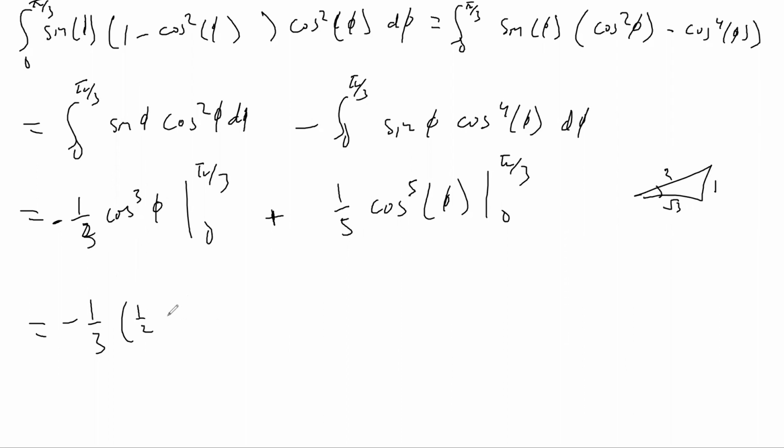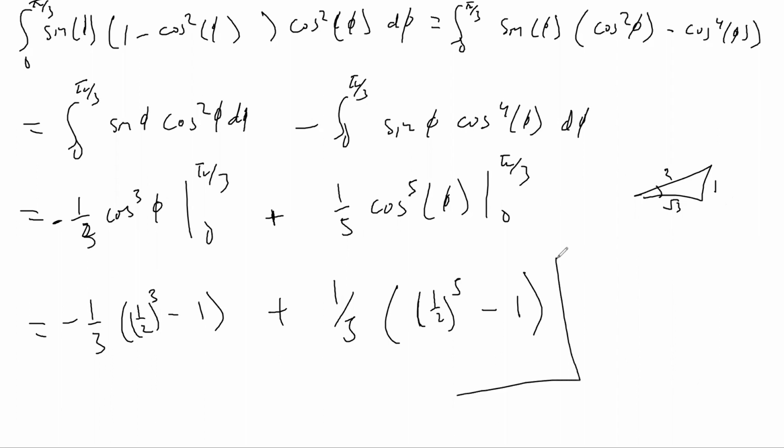So that's 1/3 times (1 over 2 minus 1), plus 1/5 times (1 over 2 to the fifth, minus 1). Okay. So that is going to be my final answer for this question.